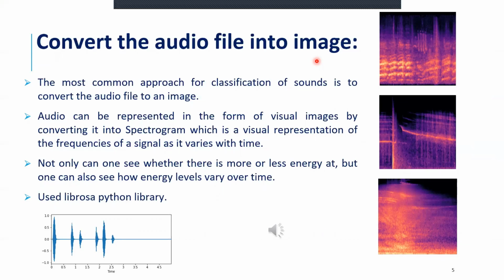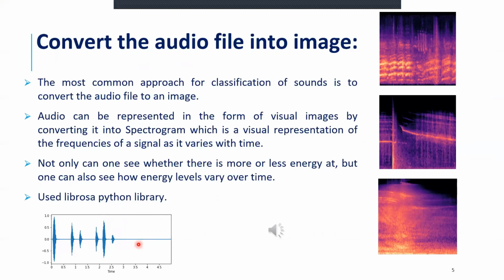Audio can be represented in the form of a visual image by converting it into a spectrogram, which is a visual representation of the frequencies of a signal as they vary with time.